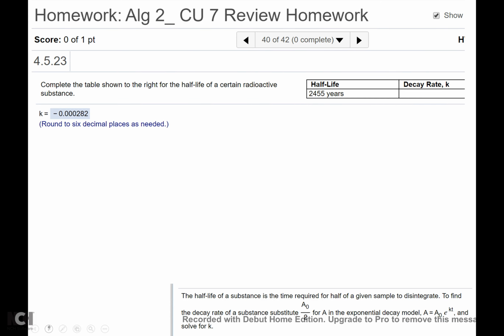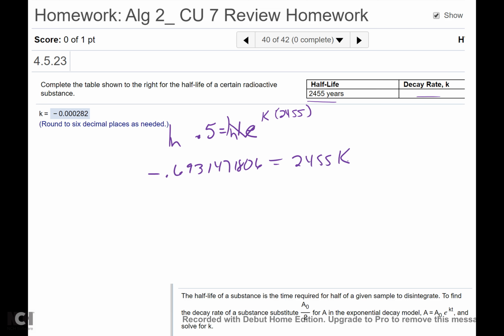Now they give me the half-life, and they want me to figure out the decay rate. So same thing. When will there be half of the original amount left? E to the k times t, which is 2455. Okay, so again, I'm going to ln both sides. There's my negative 0.693147186 again. Equals, those cancel, and I get 2455k.